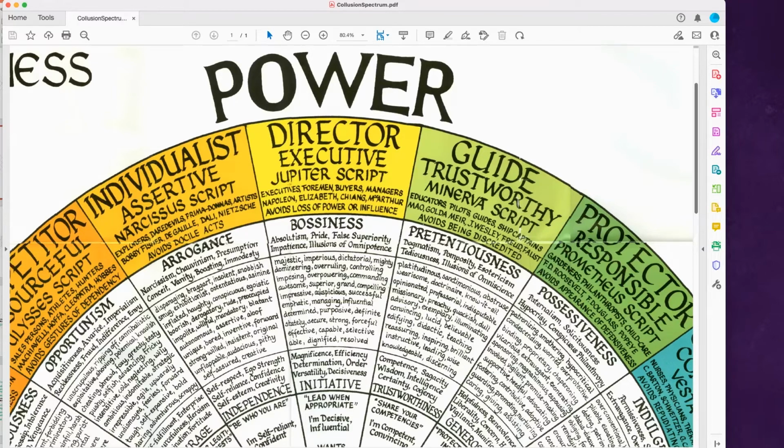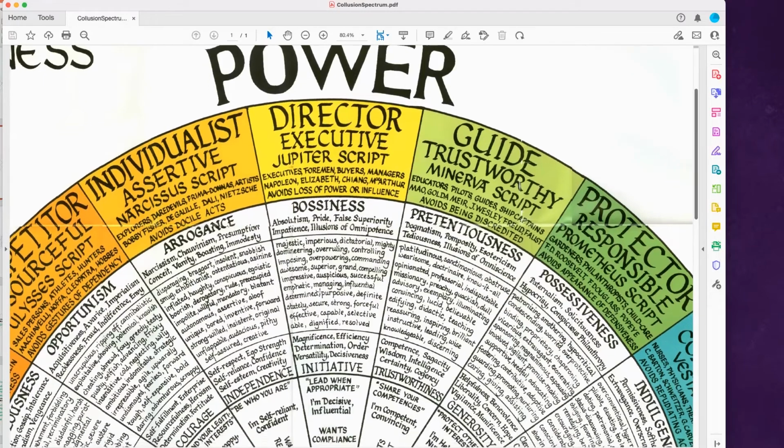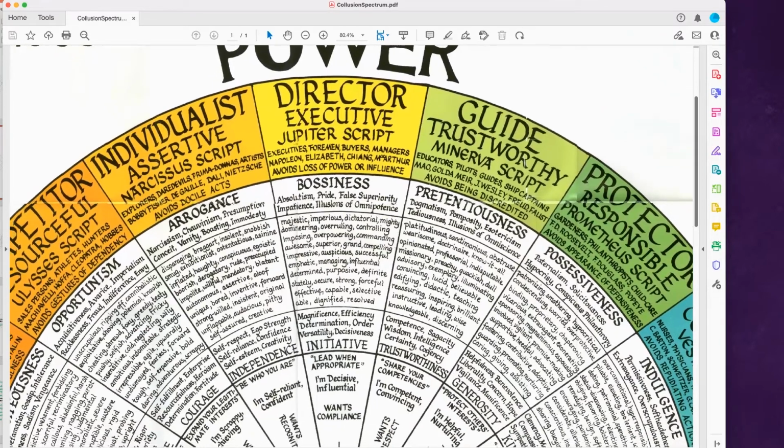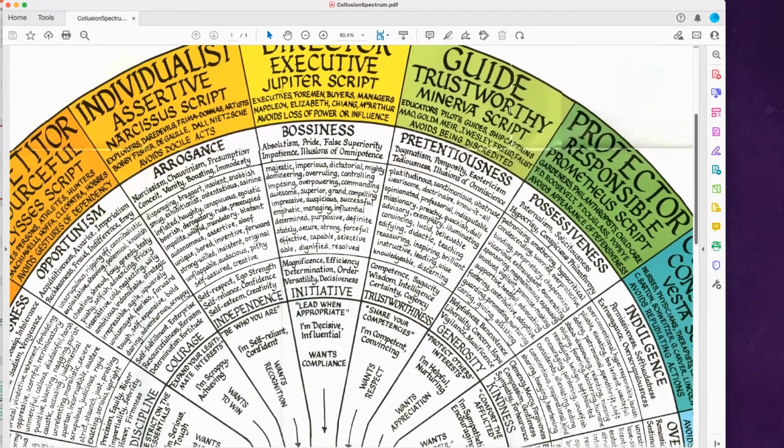Are you guys feeling a danger zone being described? Yep, that sounds like outgrid, big time. Outgrid danger zone, yeah. Now, what they feel they bring to the table is magnificence, efficiency, determination, order, versatility, decisiveness, initiative.